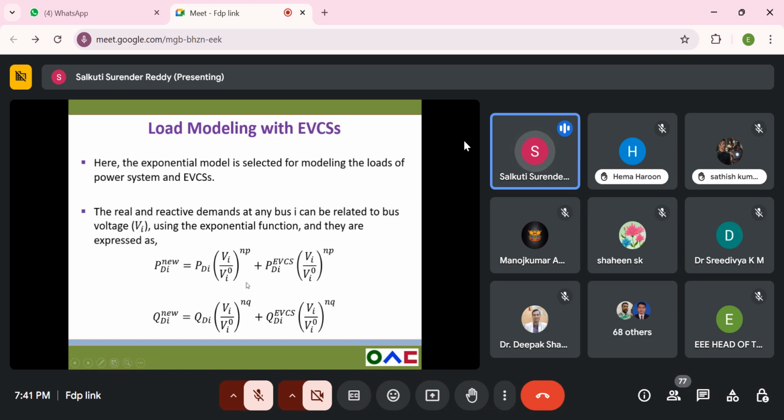This is one of the models, where the actual load is determined based on some function of the voltages. So this is the actual system load, and this is the EV charging station load. This is how you can determine the total charging demand by using load modeling.